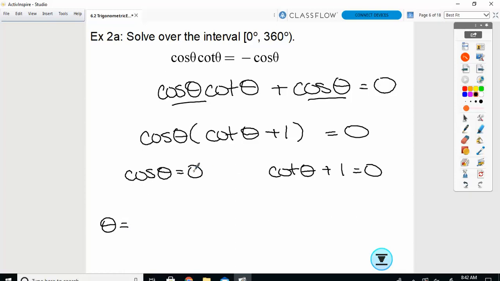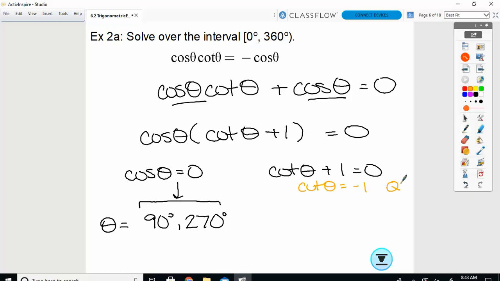When is cosine 0? So if you think about your unit circle, cosine is x. When is x 0? 90 and 270. So those two answers came from this part. All right. This one means cotangent equals negative 1.